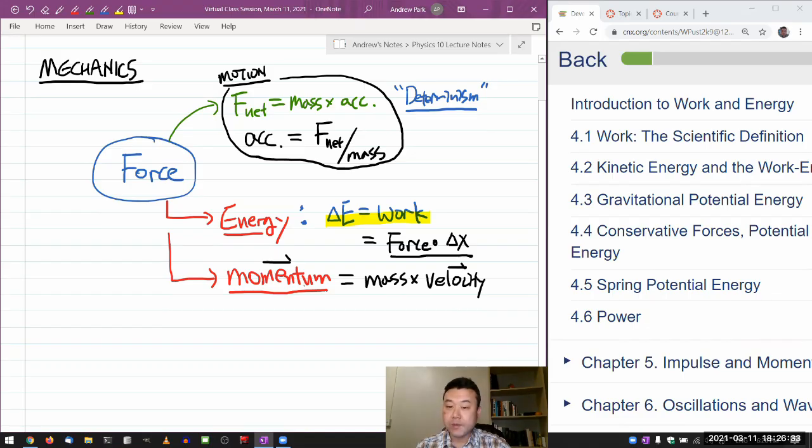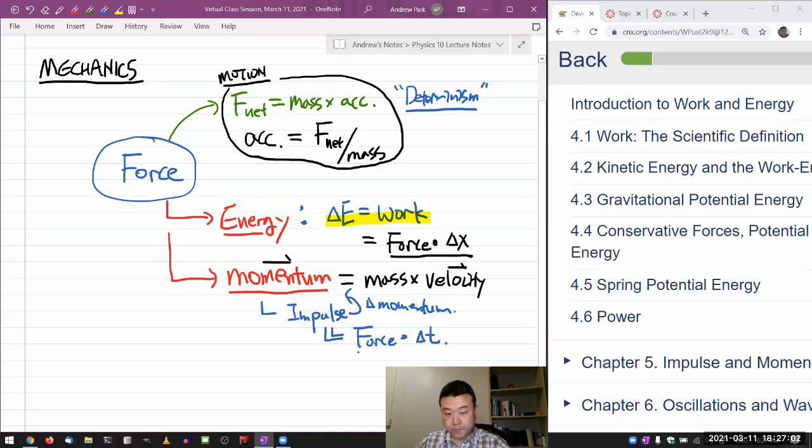And this quantity momentum also relates to force because, as you might remember from the chapter, we talk about impulse. And impulse is connected to momentum: impulse gives you the change of momentum.